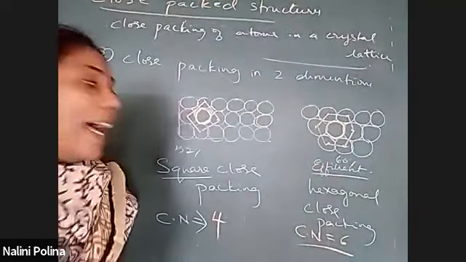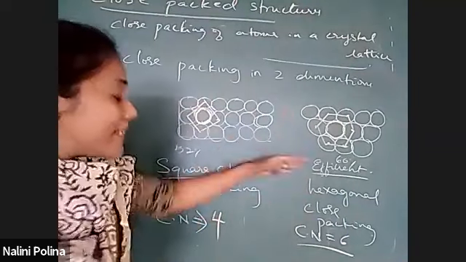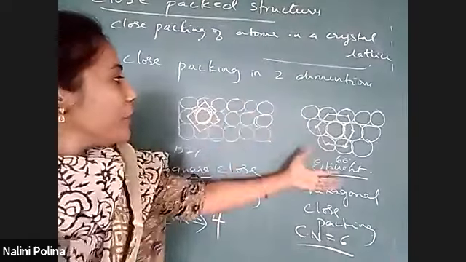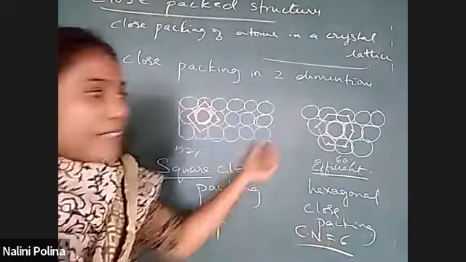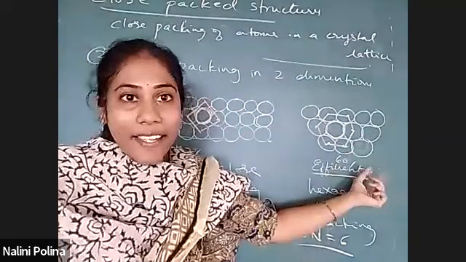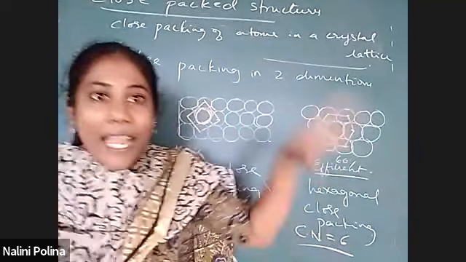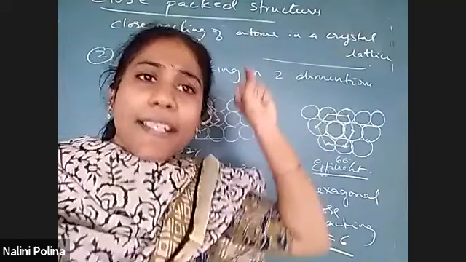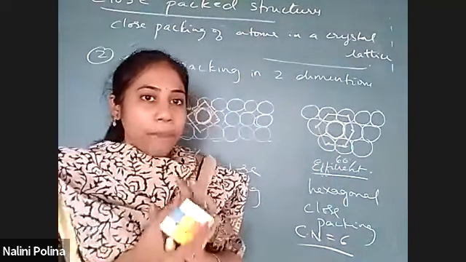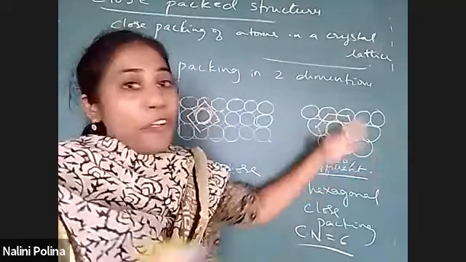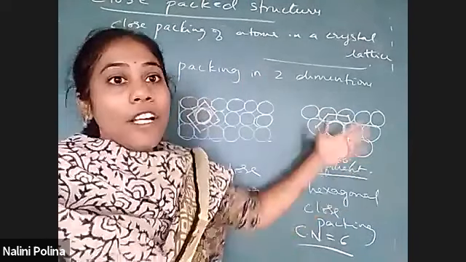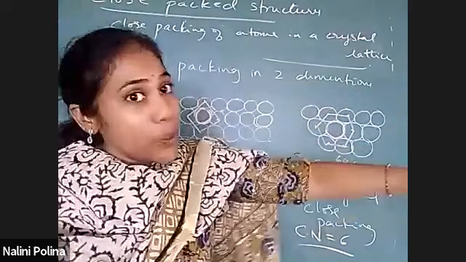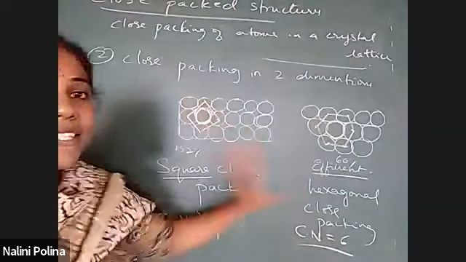That's why, although the textbook does not mention it, you still have to understand, it's common sense which is more efficient. Look, here you see more gaps, here gaps are very little, right? So definitely lesser the gaps means what? The atoms have utilized the maximum space in that three dimension. So at that point of time it can be stable, right? So the solids that have followed this arrangement are more stable than the solids that have followed this arrangement.